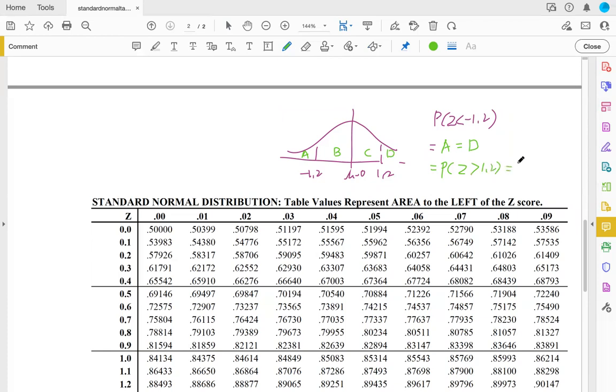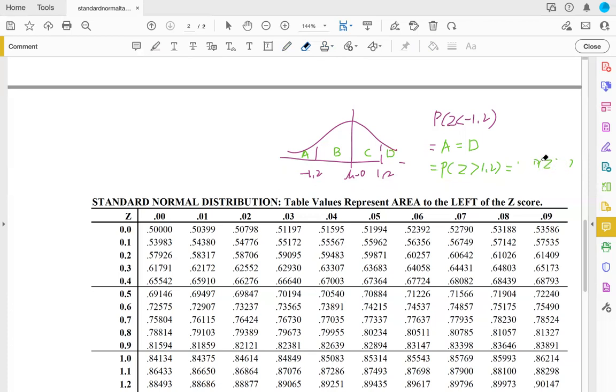Or I can say 1 minus P(Z smaller than 1.2).